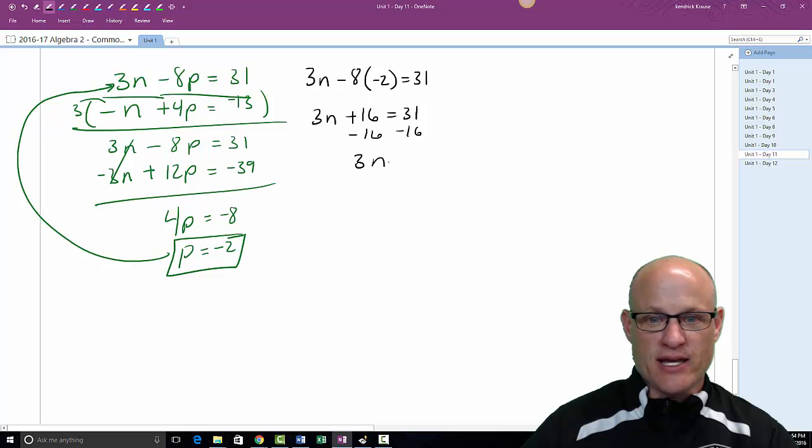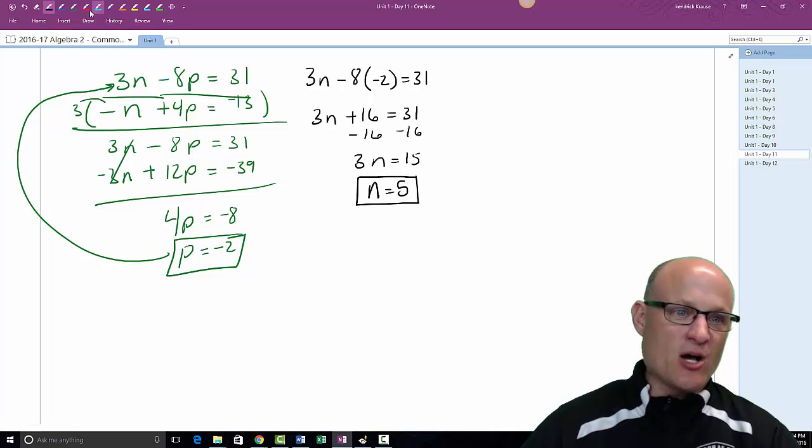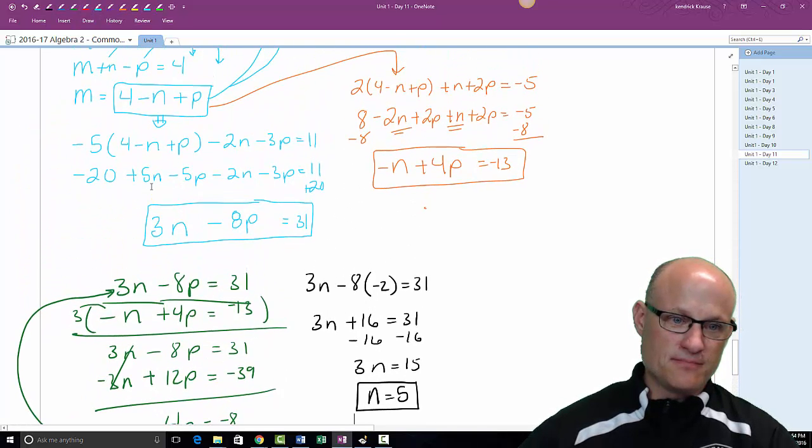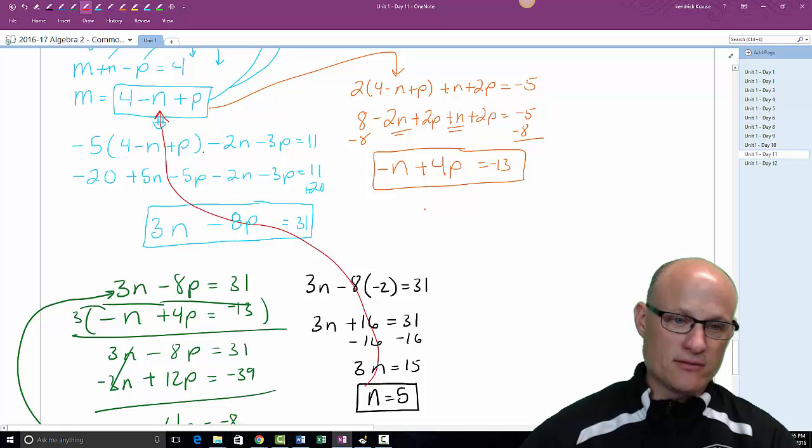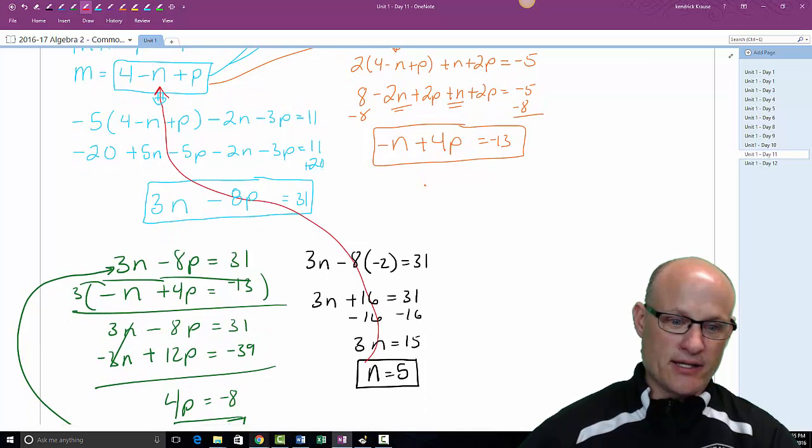I get 3n equals 15, or n equals 5. Now I'm going to take both of these, and I'm going to plug n in here, and my p-value, which is right here, into this one.